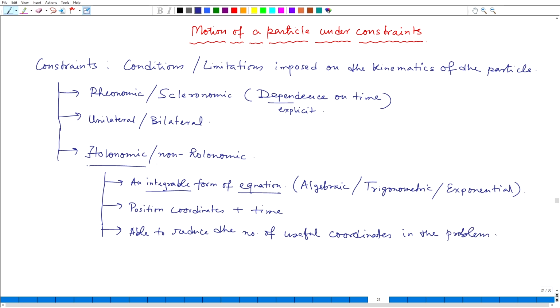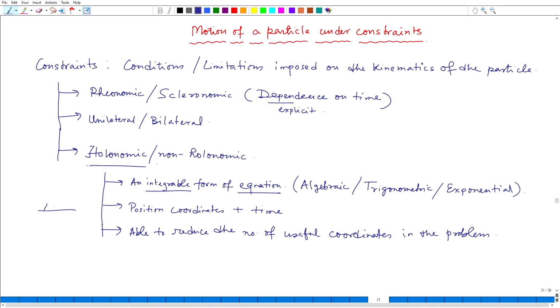Just remember the case of a simple pendulum where the length L of the pendulum is fixed in time; this is the x direction, this is the z direction. Then x square plus z square is equal to L square makes the situation simpler, because then you can write x equal to root over L square minus z square.